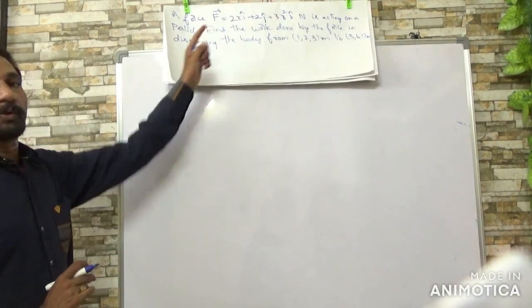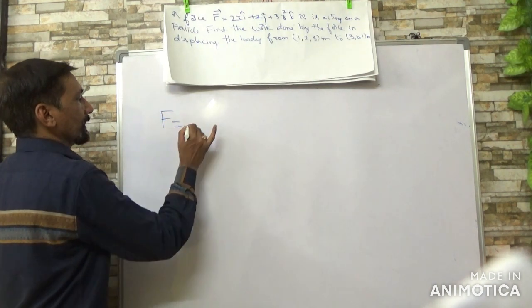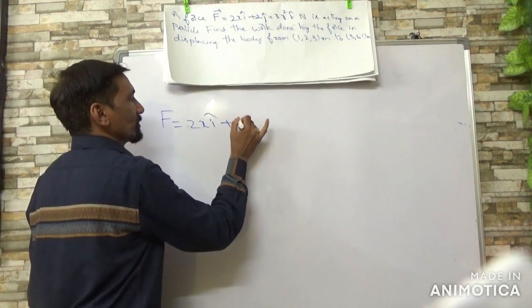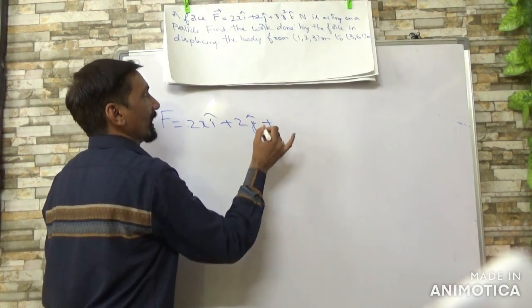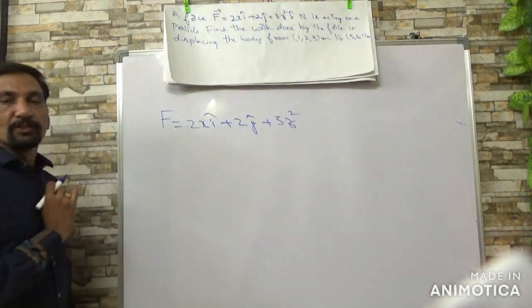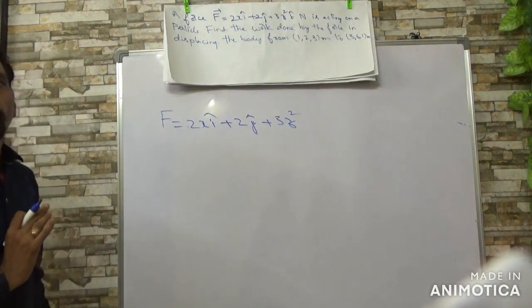Now in this problem, the force function you have is 2x i plus 2 j plus 3z square k. You want to find the work done between these 2 points.